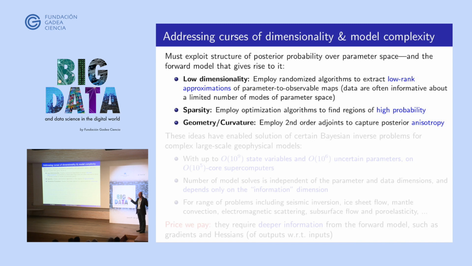Despite the fact that you might have 1,000,000 dimensions, it's really only about 1,000 dimensions that the data inform, and the rest are filled in by the prior. So if we can exploit that information, the idea is to do it through low-rank approximations of linearizations of the parameter to observable map, using randomized algorithms that don't require you to form the operator.